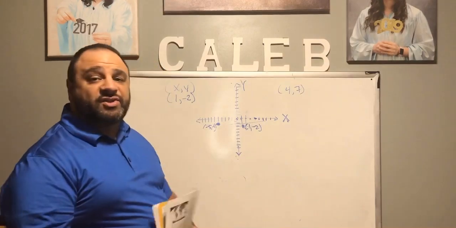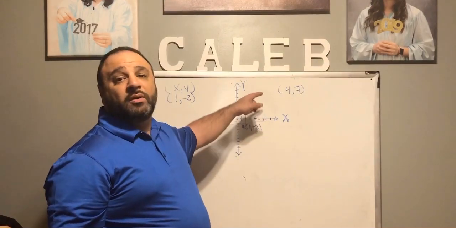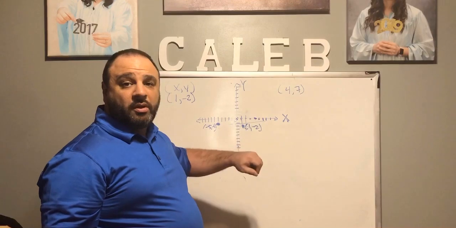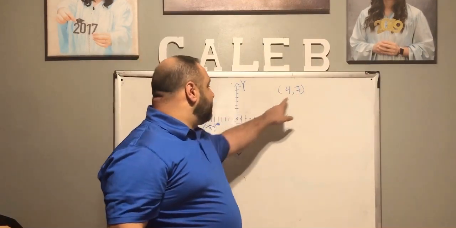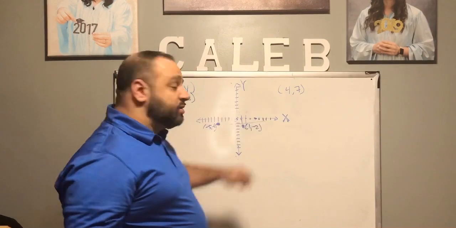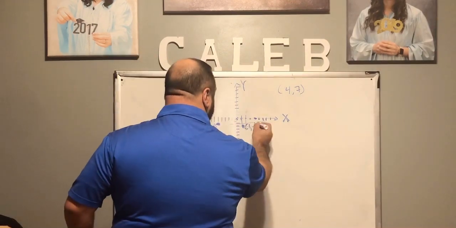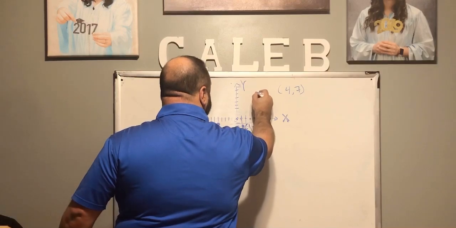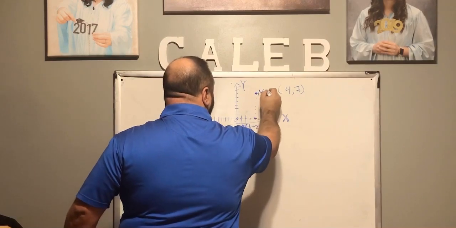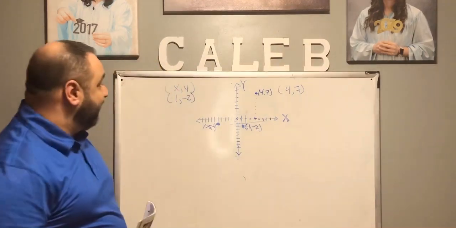And then, since it's a positive 7, do we go above or below 0? Since it's positive, very good. Since both numbers are positive, we know that would be quadrant 1. So 7 spots up would be 1, 2, 3, 4, 5, 6, 7. And there would be our graph there.